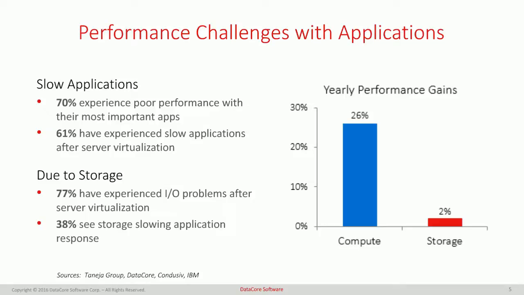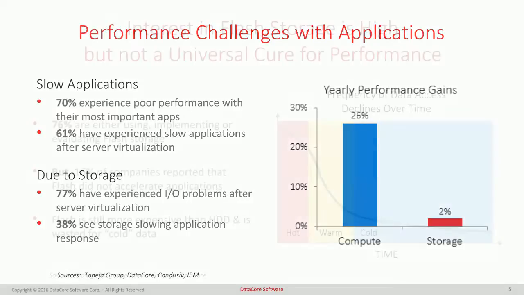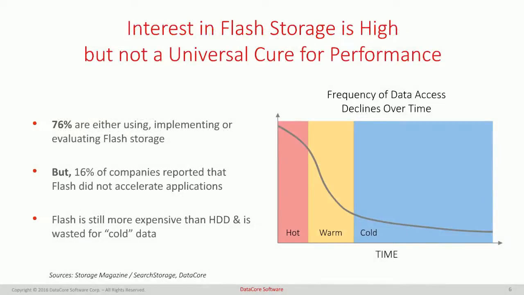You also see here some results of surveys where you can tangibly tell the negative impact that virtualization has had on storage. So one way that the storage industry is trying to fix the I/O problem is with flash. And while flash is good and flash is fast, it's not the cure-all that we've hoped for.